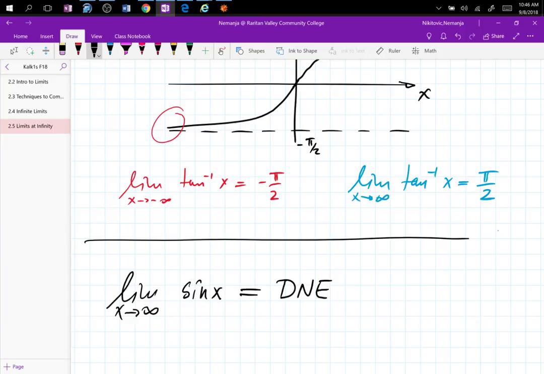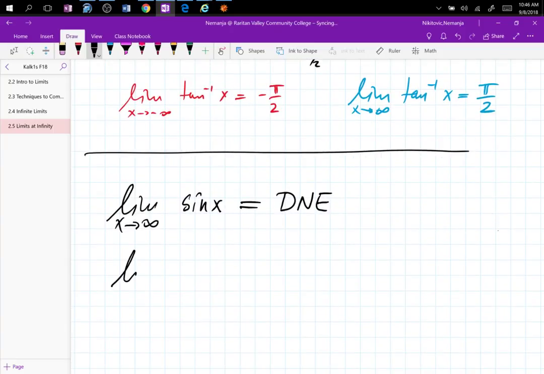So there is no finite end value, it's not 0 or 7 or infinity, because sine oscillates between -1 and 1. So if you only have a term with a sine, there is no limit.